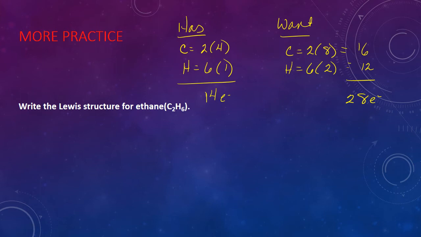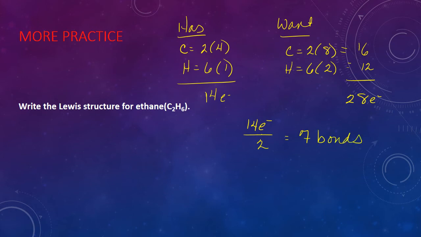We only have 14. Well, let's figure out how many electrons there are in the bonds. So I need to subtract 14 from 28. So we have 14 electrons that are bonded. This is 14 bonding electrons. So I need to divide by 2, and I find out I have 7 bonds.